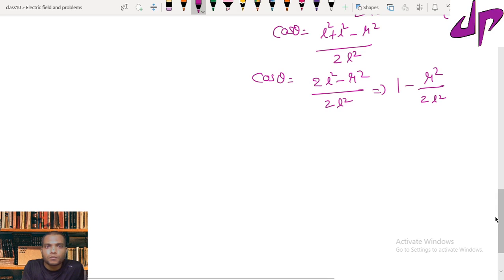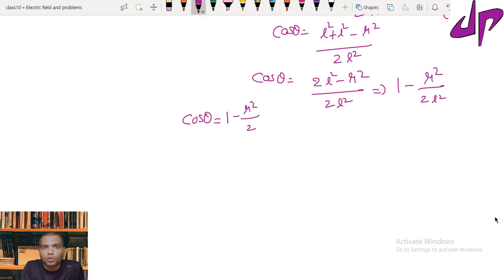Cos theta equal to 1 minus r square upon 2L square. So I would like to write the r square term from there. You can do the cross multiplication and simplify that. r square equal to 2L square times 1 minus cos theta.